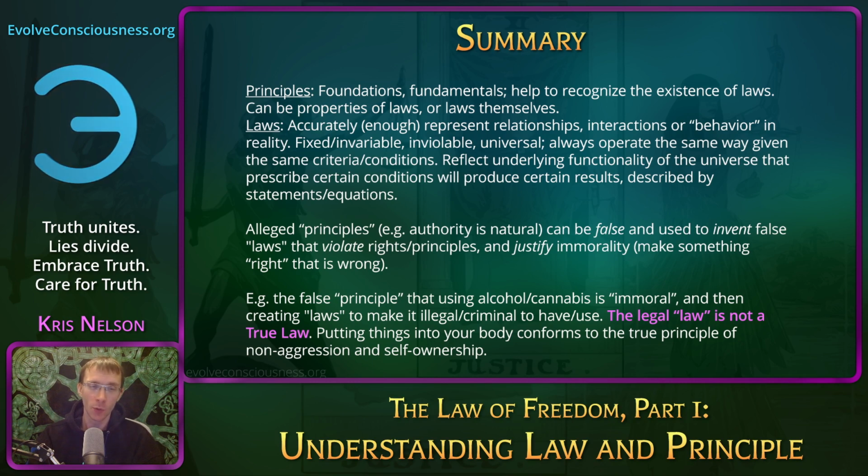When we come up with things, sometimes they'll be poor and they need to be refined, but eventually we get a good enough representation in those equations that are derived through the observations of how things function in reality. So laws are fixed, invariable, inviolable, universal, always operate the same way given the same criteria or conditions. They reflect underlying functionality of the universe that prescribes certain conditions will produce certain results, which are described by statements or equations.